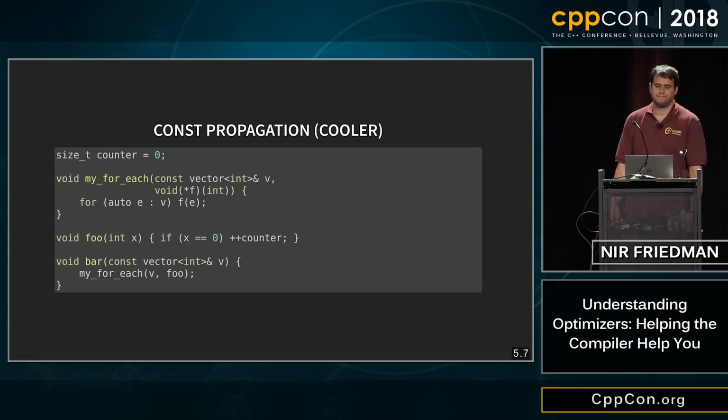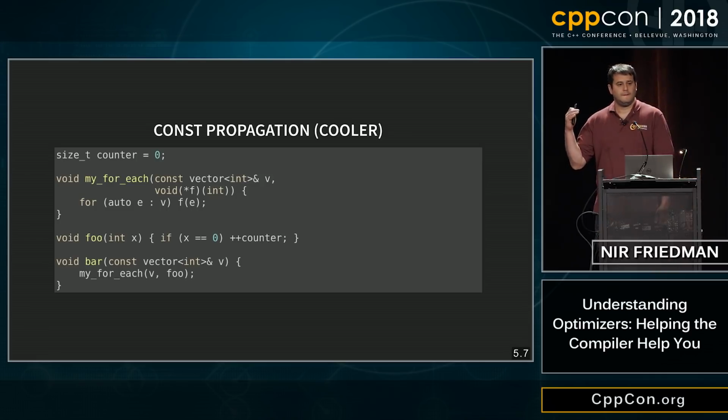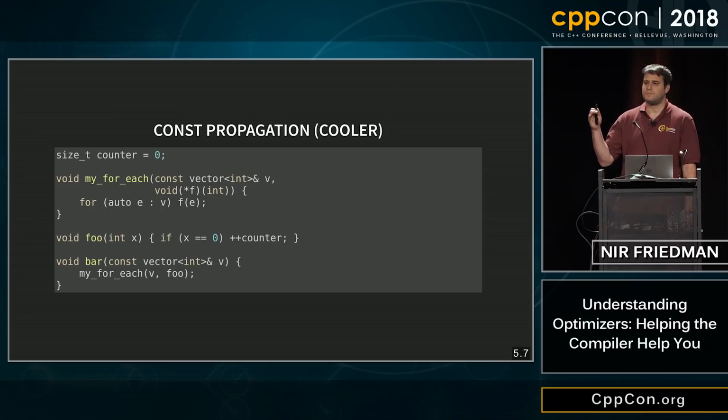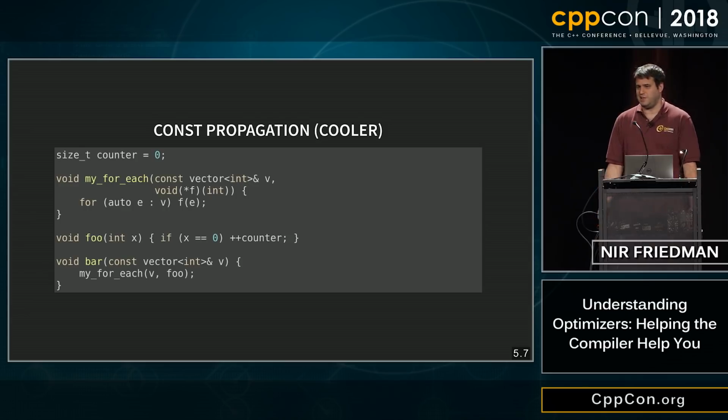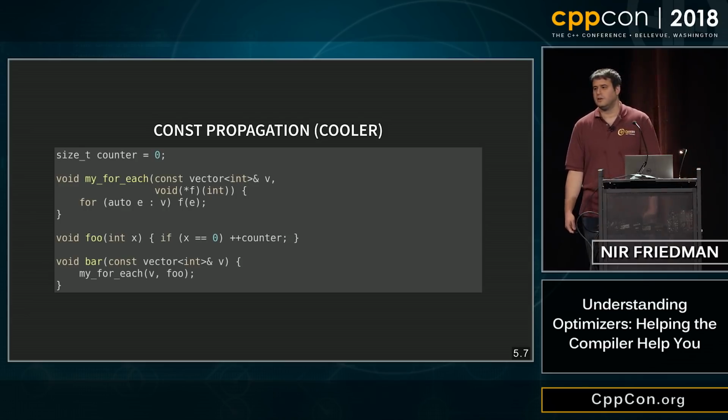Did anyone say? Yeah, well, foo won't be eliminated, but I'm saying for it to be inlined. So, the answer is that my for each has to be inlined into bar.